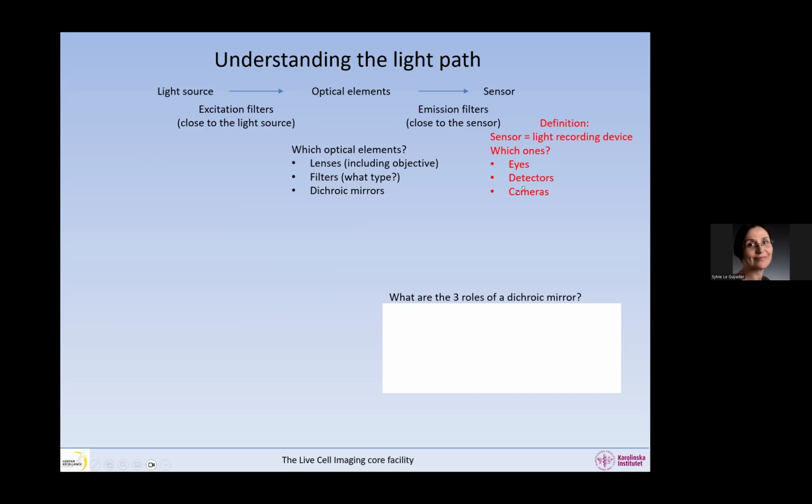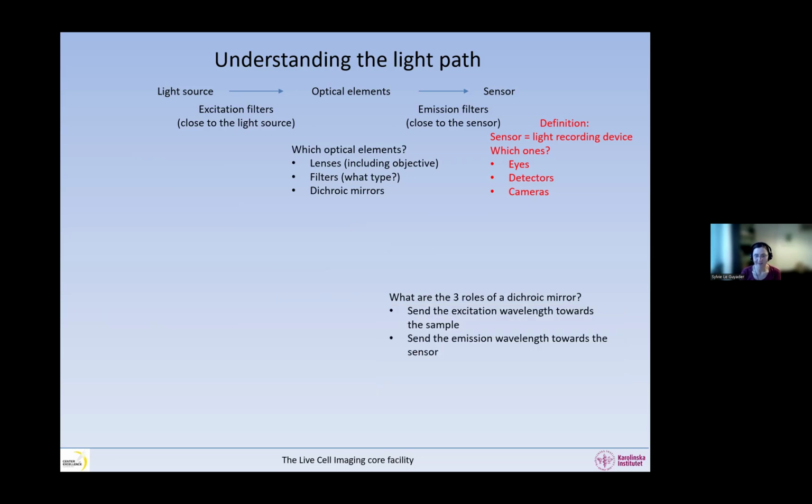And blocks the rest of the wavelengths that we do not want to reach the sensor. Okay, right. So we're sending the excitation light to the sample, we are preventing the reflected light from going to the sensor, we're sending the emission light to the sensor. These are the three roles that the dichroic mirror has.